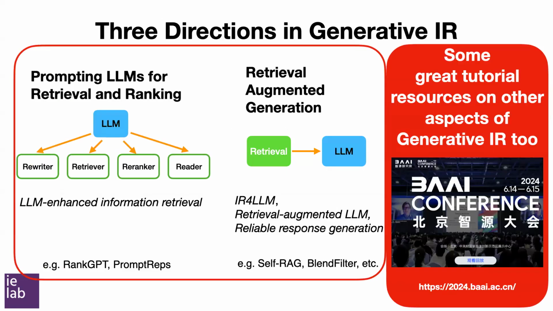Also, don't get me wrong, there are great resources for the other 2 areas I'm talking about. However, they are not super easily accessible. A very good event that happened a couple of weeks ago was the BAI conference in Beijing. Amazing. That was 2 days full on LLMs and LLMs for information access, search and so on.